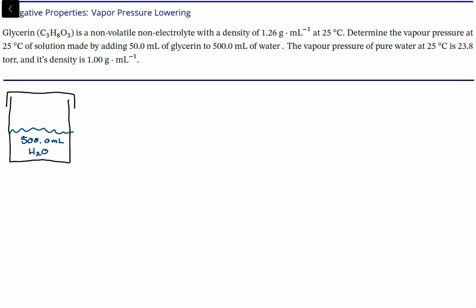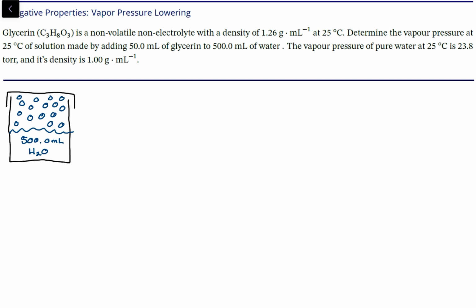And when you close a beaker and you have a liquid like water which is able to go into its vapor phase at this temperature, in other words, it's not at a temperature where it will freeze, it will go into its vapor phase. So there's going to be some water vapor floating around here.